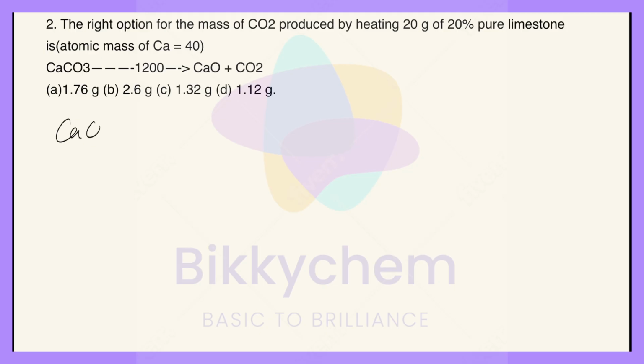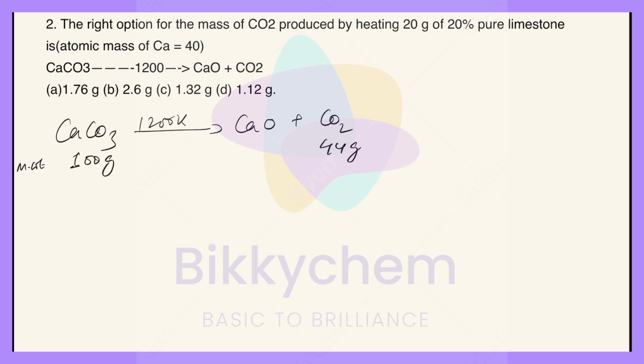So we have CaCO3, which is heated at 1200 Kelvin to get CaO plus CO2. We know that the molecular mass of CaCO3 is 100 gram, and CO2 is 44 gram.